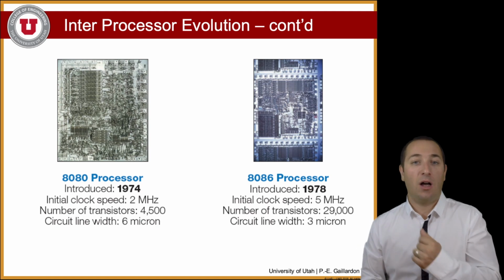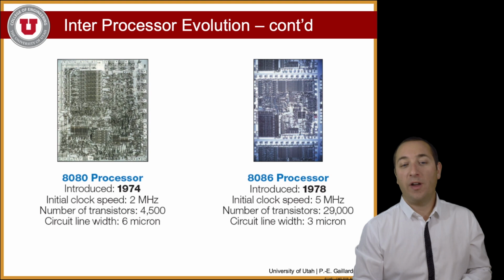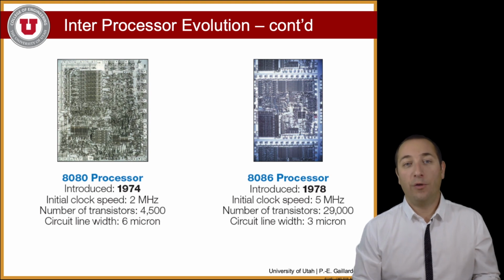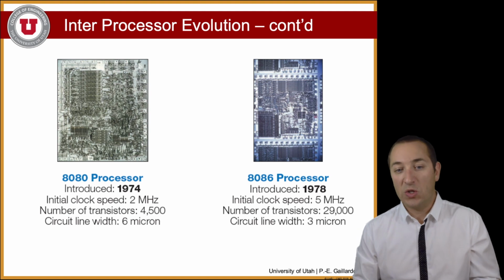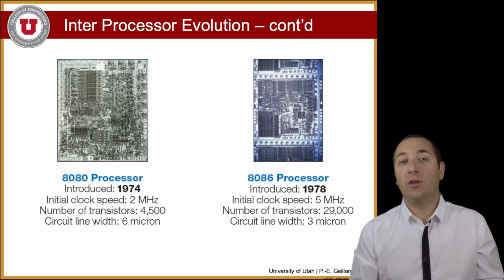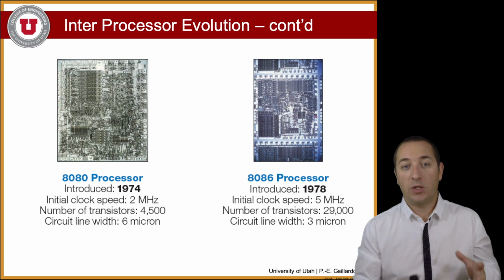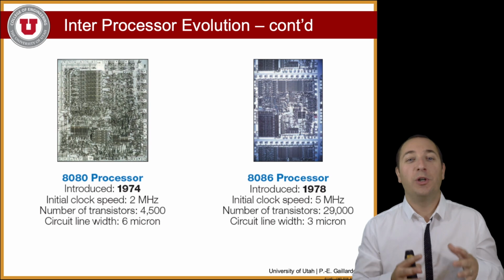And this is what happened after that with the 8080 processor, a very famous processor, followed by the 8086. As you can see right there, clock speed increased, number of transistors increased, line widths reduced. And that was a way, I would not say an easy way, but a very convenient way to keep improving the performance.